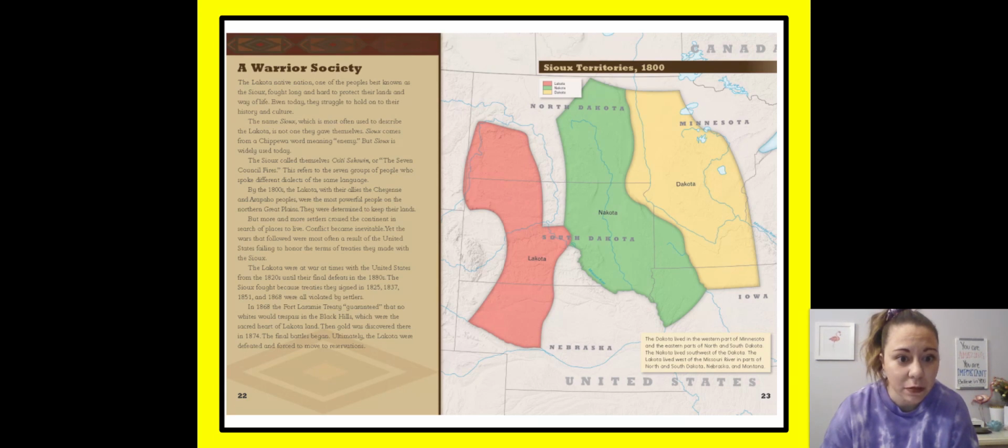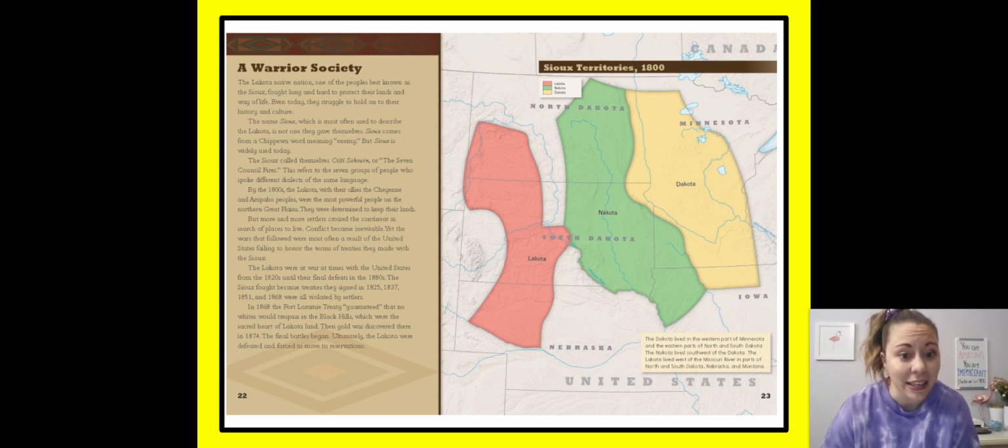Yet, the wars that followed were most often the result of the United States failing to honor the terms of treaties they made with the Sioux. The Lakota were at war at times with the United States from the 1820s until their final defeats in the 1880s. The Sioux fought because the treaties they signed in 1825, 1837, 1851, and 1868 were all violated by settlers.